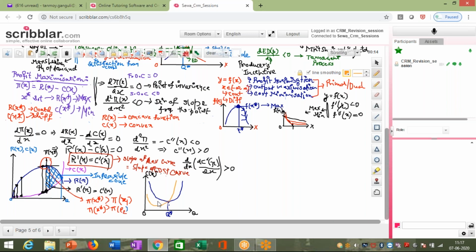I have seen the marginal cost curve over here, but what I have not plotted is the marginal revenue curve. So this is something that we need to plot, and we are going to talk about it.